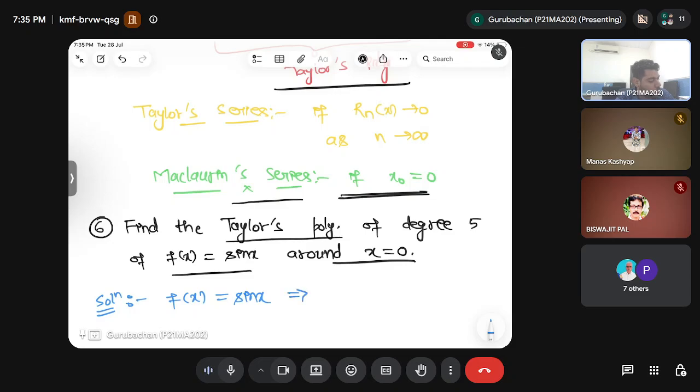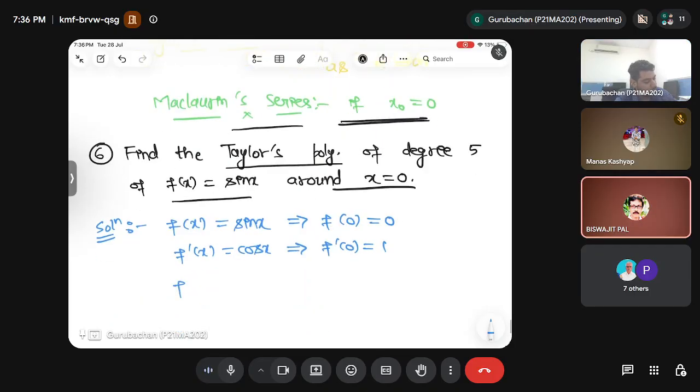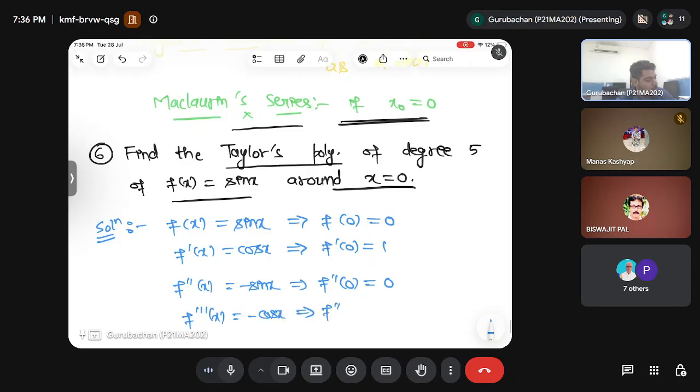So what is f(0)? 0. f'(x) is cos x, so f'(0) is 1. f''(x) is minus sin x, so f''(0) is 0. f'''(x) is minus cos x, so f'''(0) is minus 1.